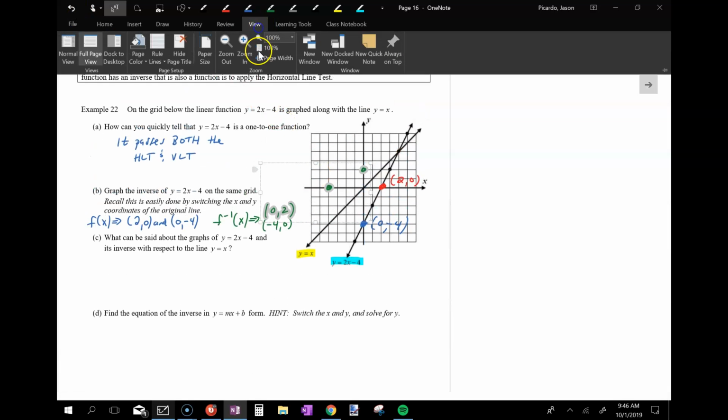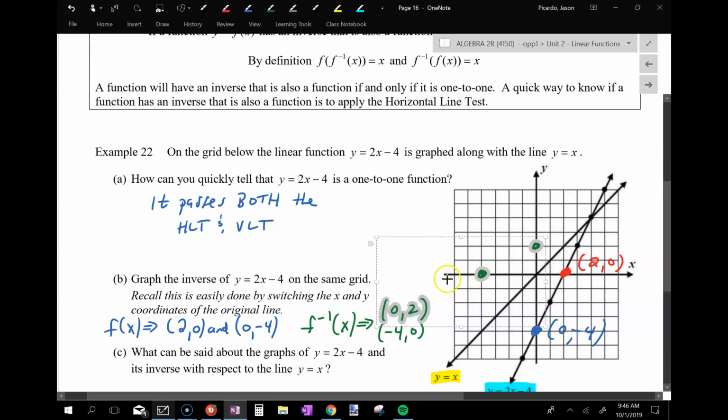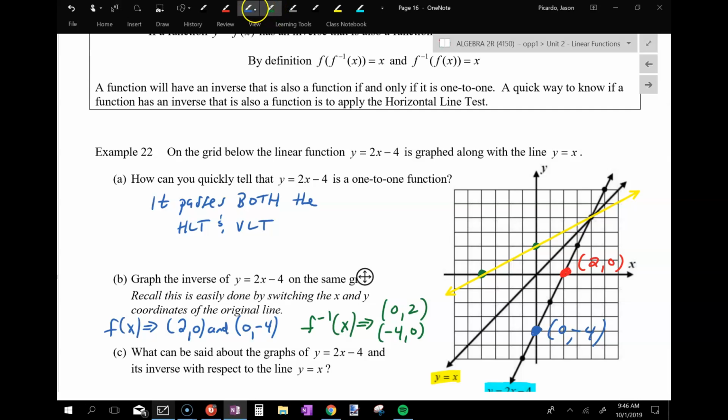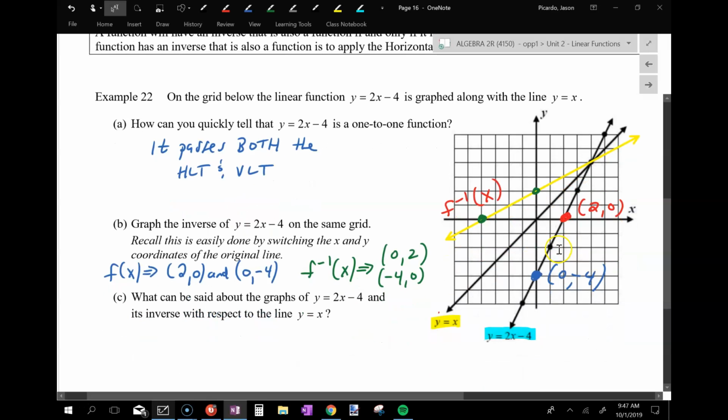Connect the dots. And you get that line right there. And we're going to label that line with f to the -1 of x. That's our notation for an inverse.